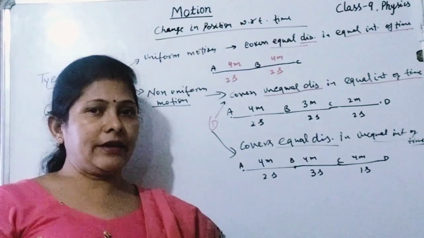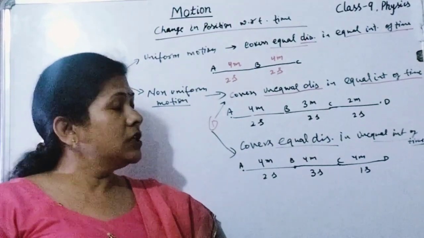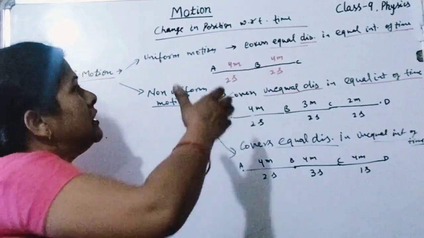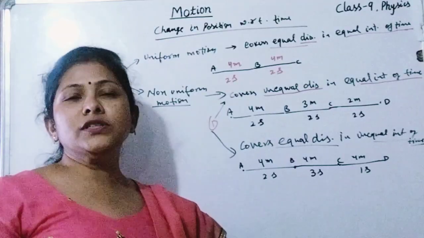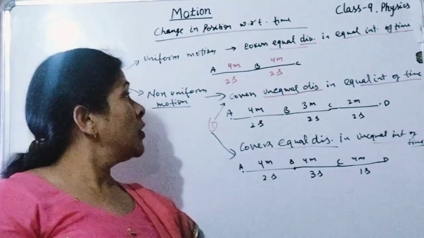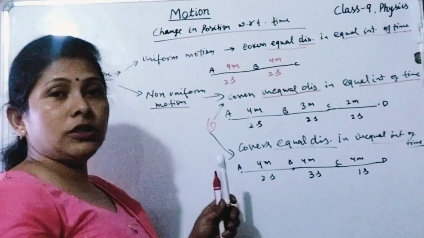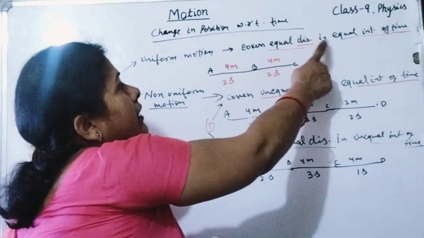Both are correct. Now the question is what type of graph they form. According to these examples, we can draw the graph one by one. First graph is the uniform motion graph. This graph is plotted with the physical quantities distance and time.